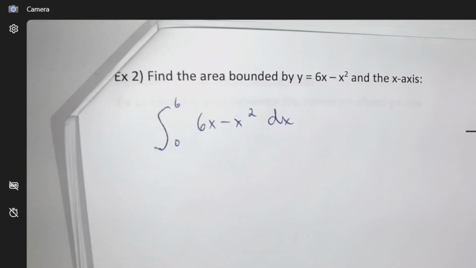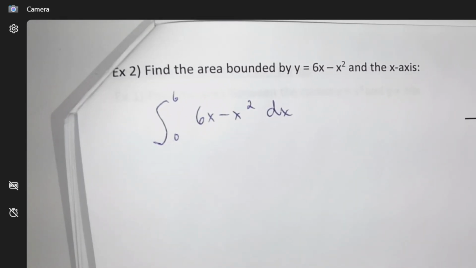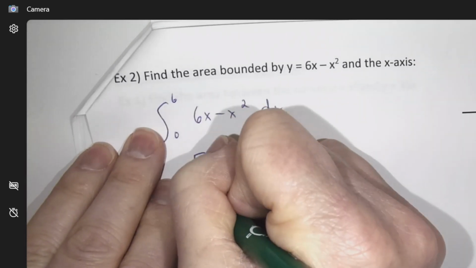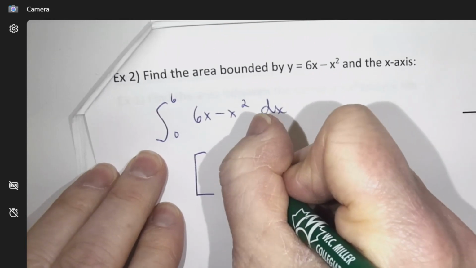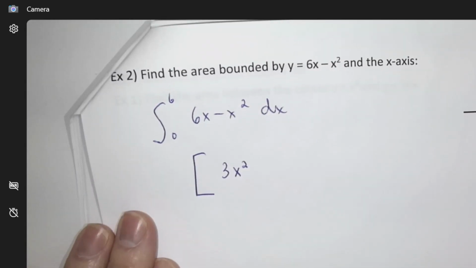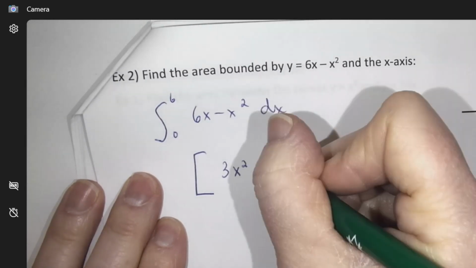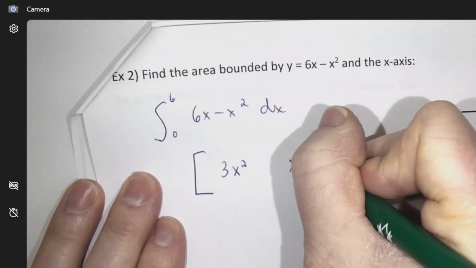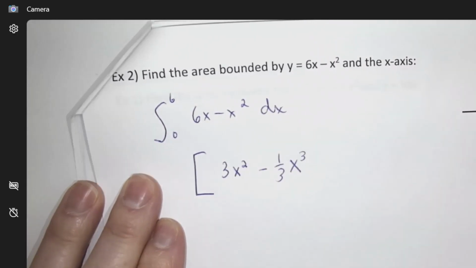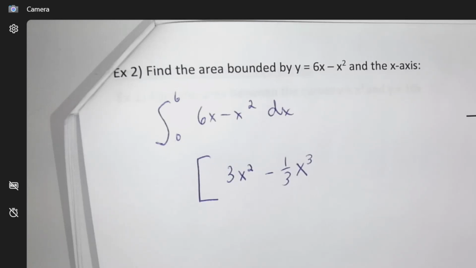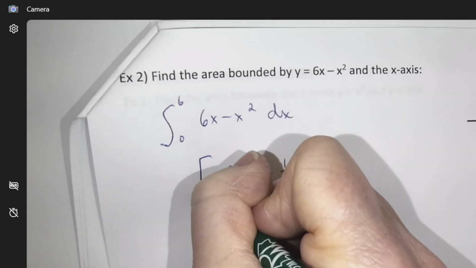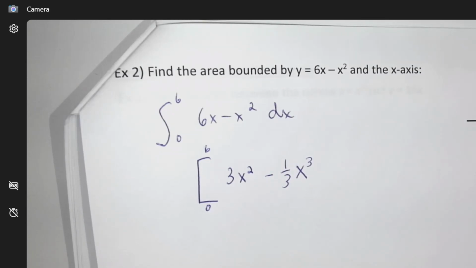Okay, so I'm going to write that in my bounds. Now I'm going to do the antiderivative. So go up a degree, divide. Go up a degree, divide. Okay, then apply the boundaries.